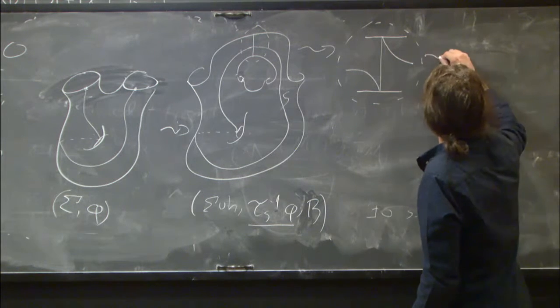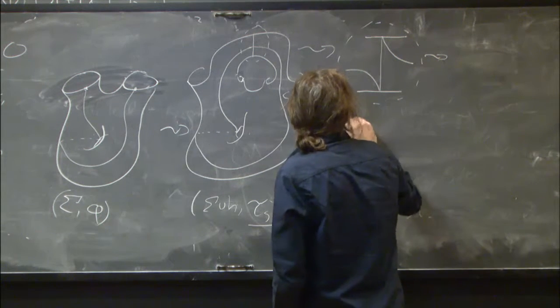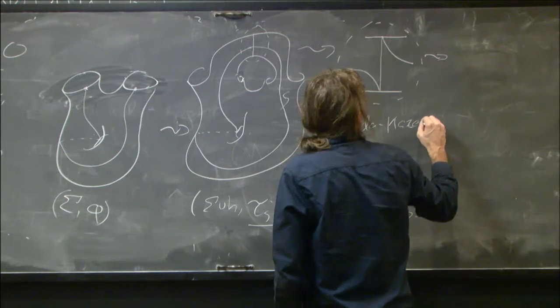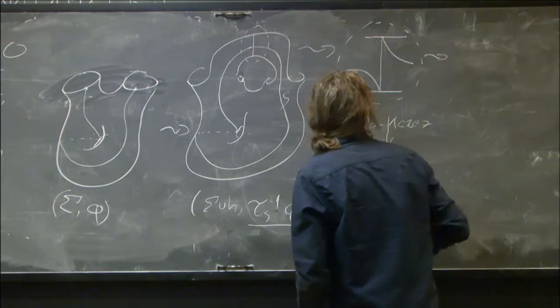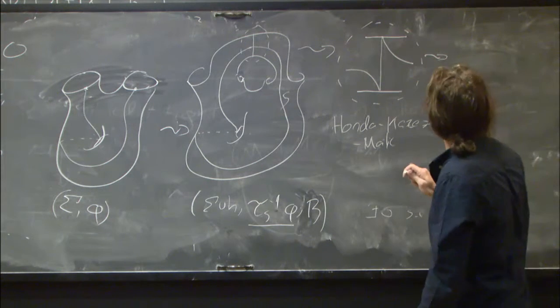And if I think about what's happening in the Heegaard diagram, I should say that everything I'm doing here you can find in work of Honda, Kazez, and Matić, where they define the contact class from an open book decomposition and then discuss what happens in the case of something which is not right-veering. Anyways, let's just give them credit for the method of proof here.